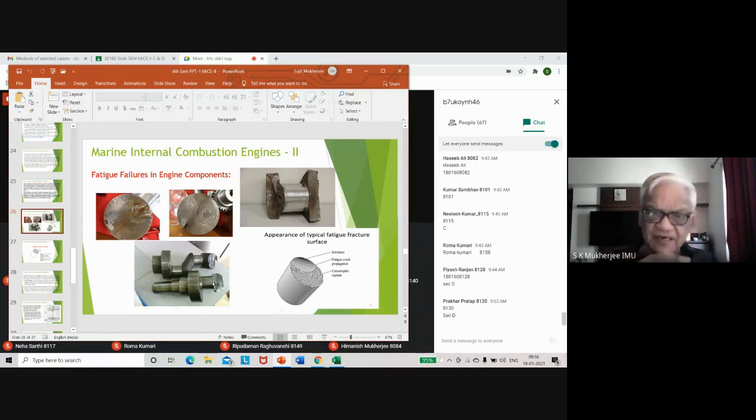So that curvature has to be of the correct dimension, because the crank pin has a sudden change in cross-sectional area as compared to the web. And where there is a change in the cross-sectional area, that is where the stress concentration takes place, and most failures arise from that point.